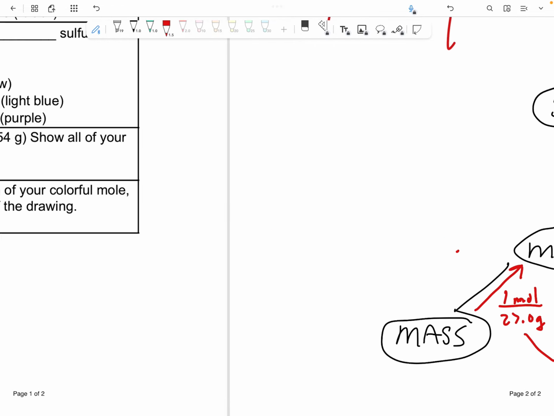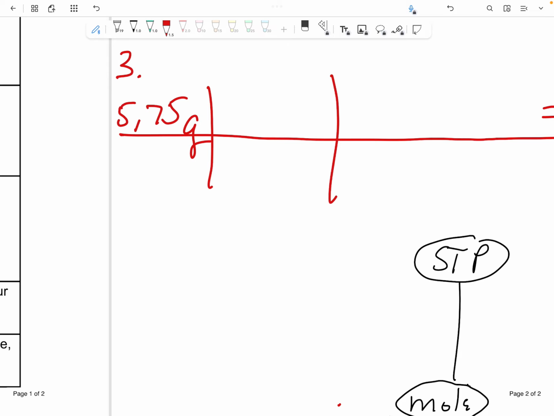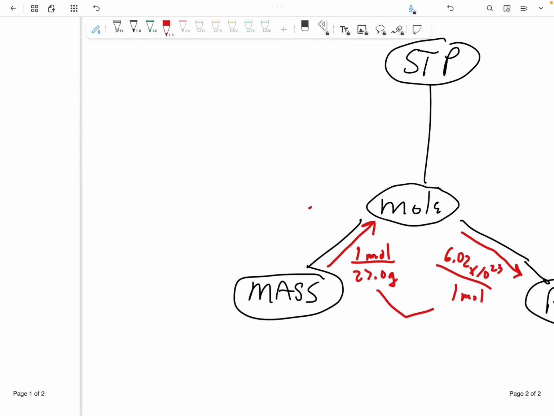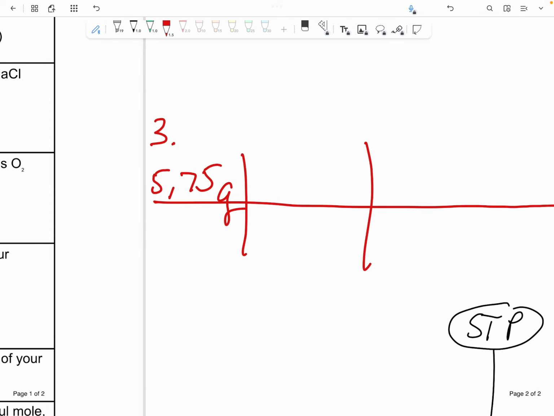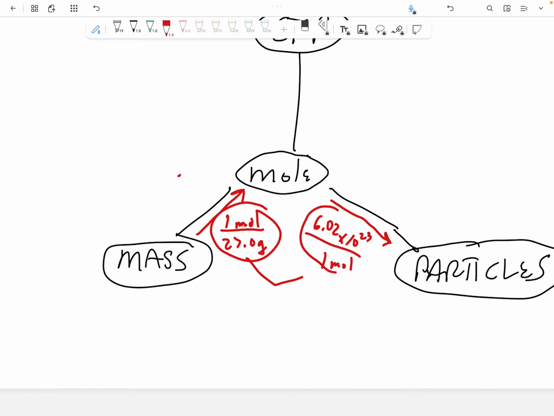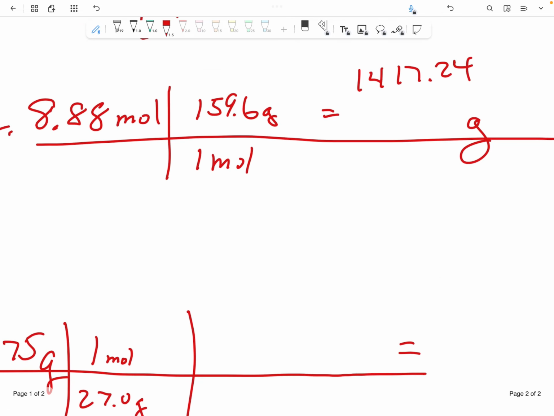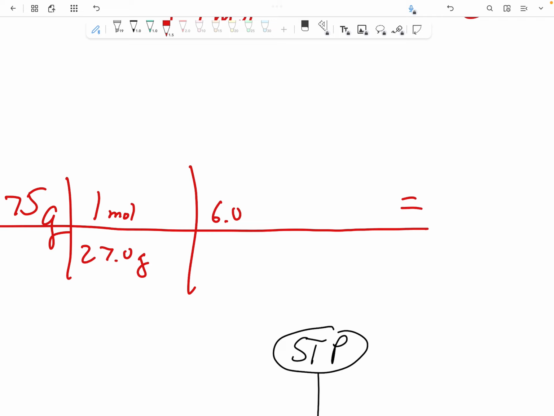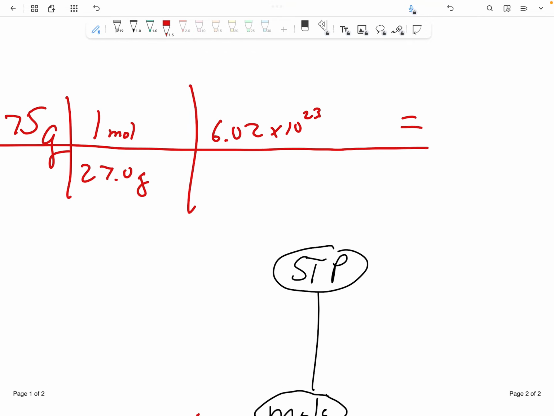And so if I go back up here, my first conversion, 1 mole over 27 grams, is going to go right here, okay? And the second conversion is going to go into the spot to the right, and that conversion is this one right here, and that is 6.02 times 10 to the 23rd, and that's going to be over 1 mole also, okay?